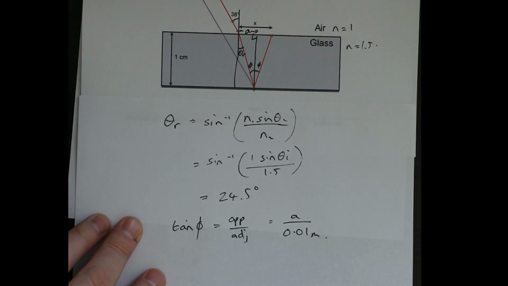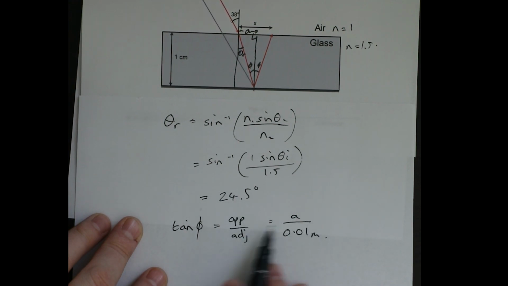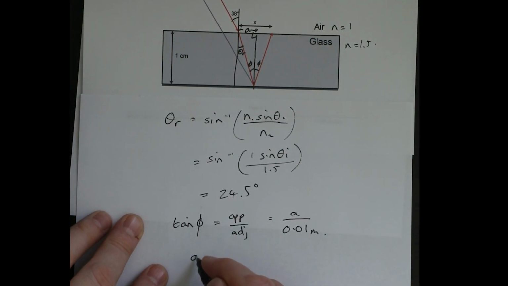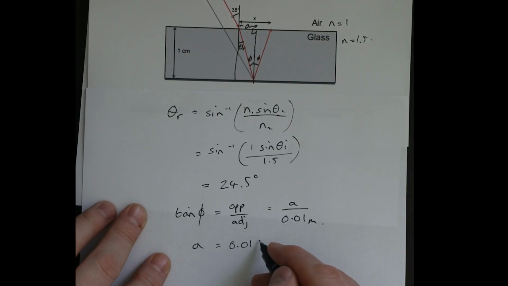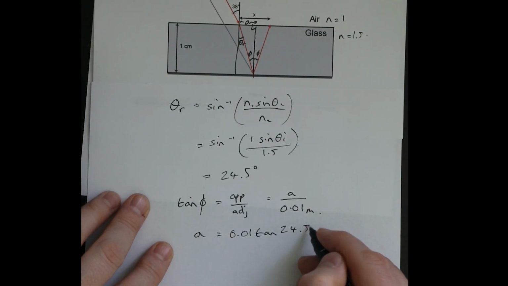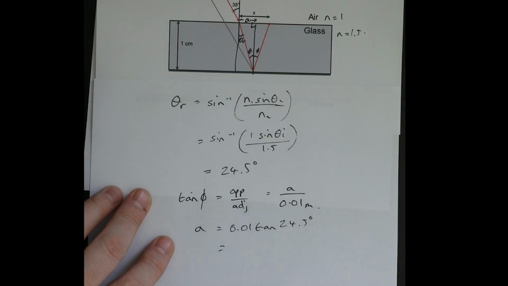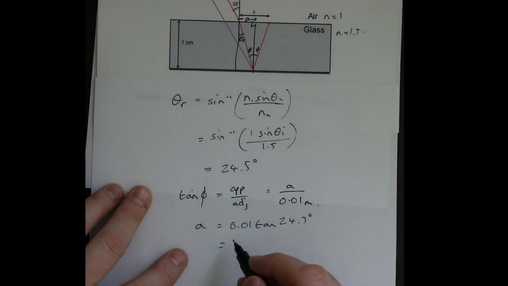It makes me feel more comfortable. I also know this angle phi is equal to 24.5 degrees. So let me rearrange this equation: a is equal to 0.01 times tan of phi, which is 24.5 degrees. Okay, so I can calculate that.